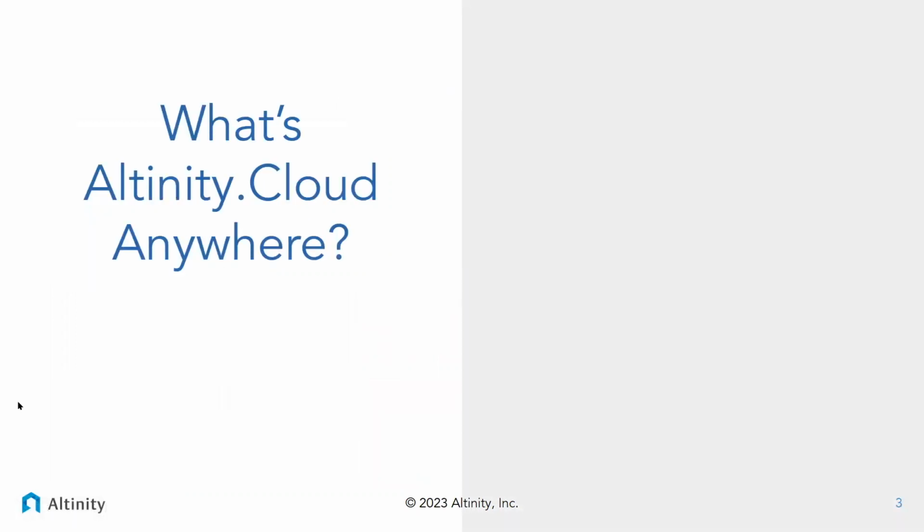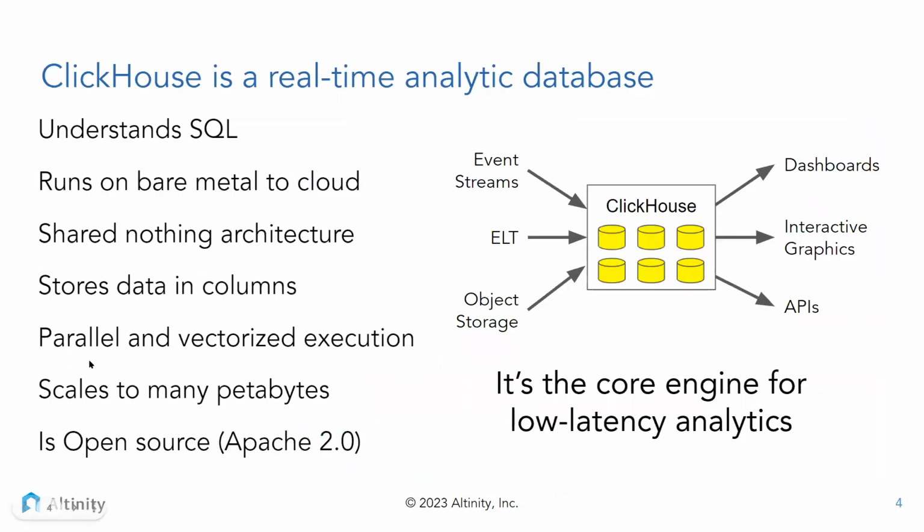So let's just start by answering the question, what's Altinity.Cloud Anywhere? Well, it's a managed service for ClickHouse. But what's ClickHouse? Just in case you haven't heard about it, ClickHouse is a real-time analytic database.